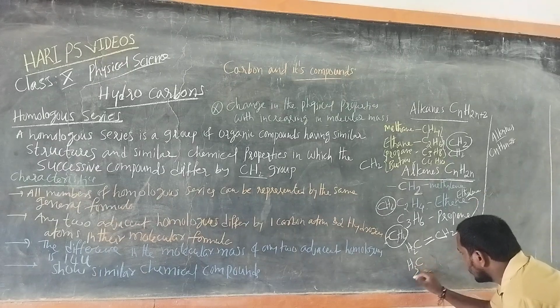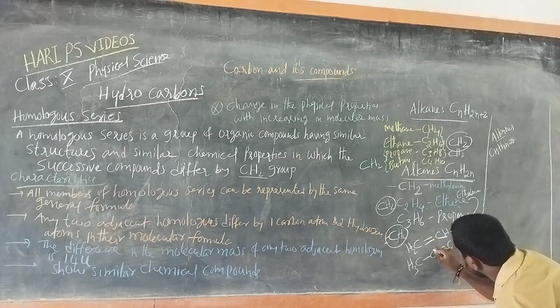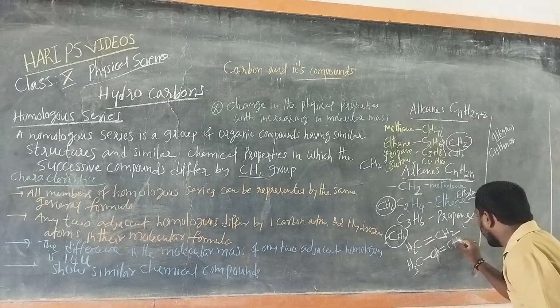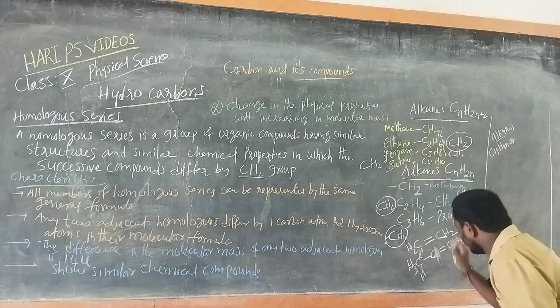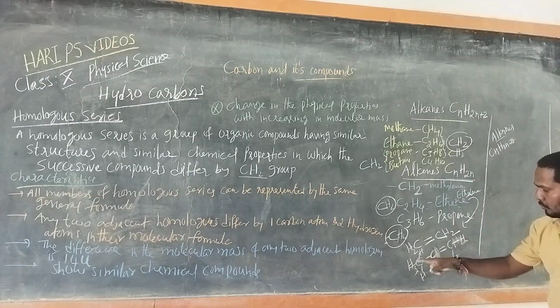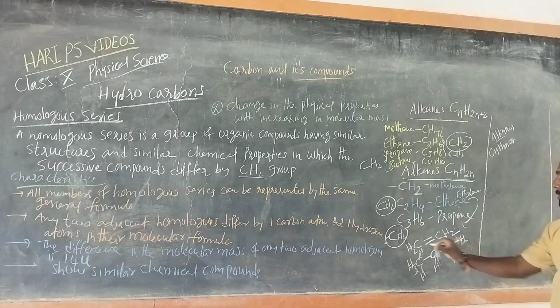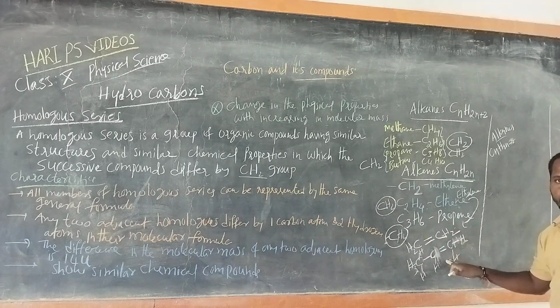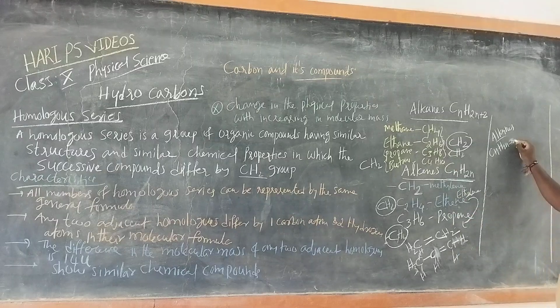Propene is CH3 CH double bond CH2, where the hydrogens satisfy the valency of 4 for each carbon. Propene has 3 carbons, 1 carbon extra compared with ethene, and 2 carbons extra in the next members. Similarly, for alkynes.